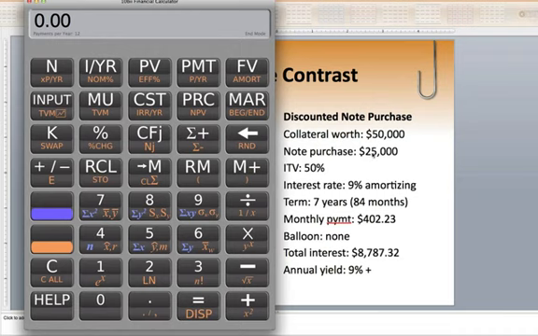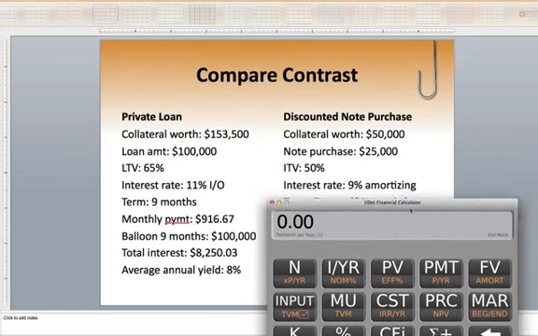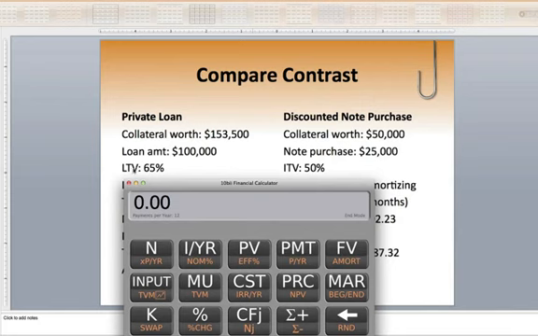Maybe it was a $30,000 note or a $35,000 note, and we bought it for $25,000. So our LTV is 50%. Remember over here we had an LTV of 65% after repaired value, and this is 50% of after repaired value.